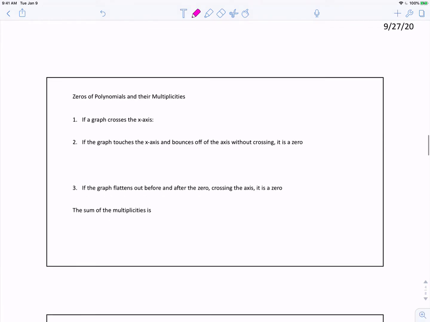Here's where we could write those notes in a more neat way. So if the graph crosses the x-axis, then you have just one root there, in other words, multiplicity 1. If the graph touches the x-axis and bounces off without crossing, it's a zero of even multiplicity.